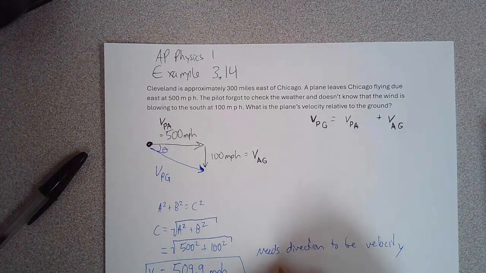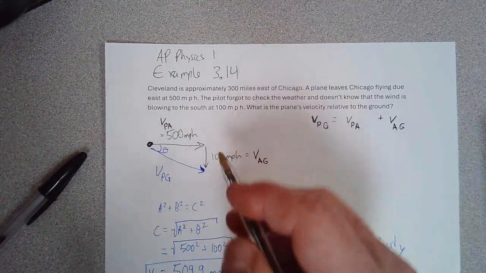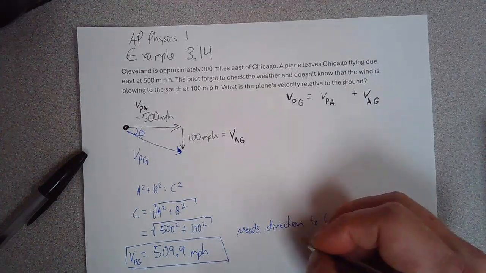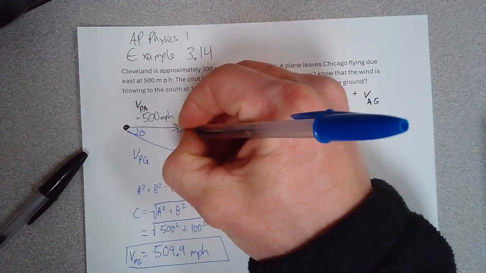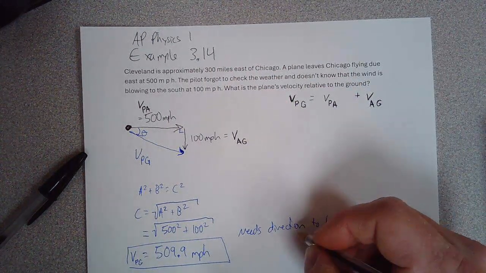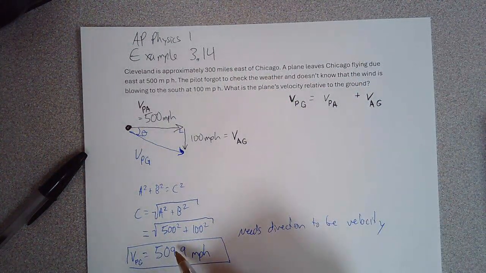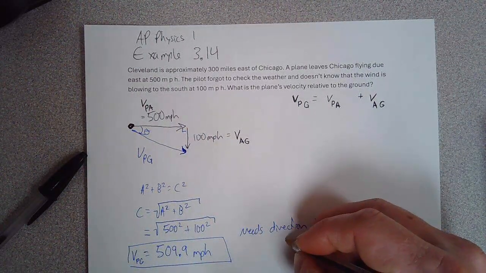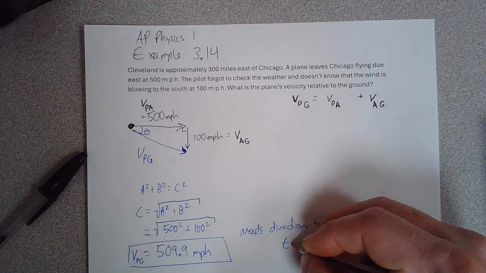Okay, so let's figure that out. So we know the opposite side, we know the adjacent side of the triangle. Remember, the right angle is right there. So what I'm going to do, you could also use any other trig function you like, but I'm going to use the two original values. So I'm going to say tangent, because that's opposite over adjacent.